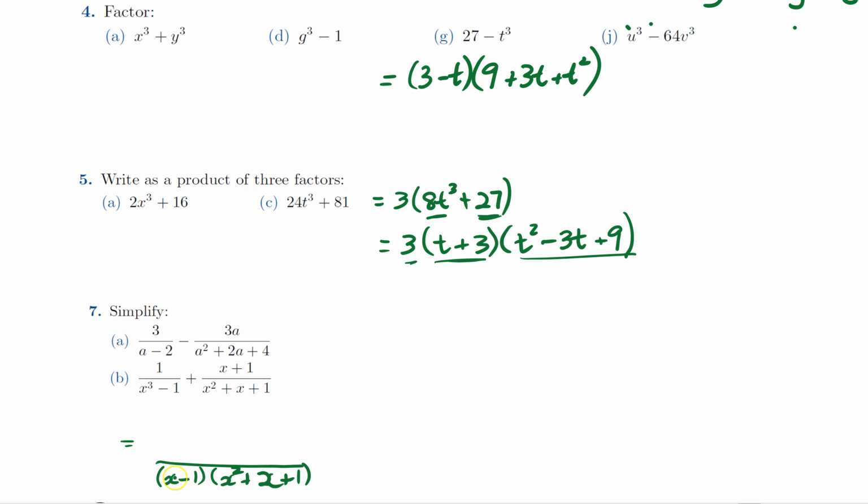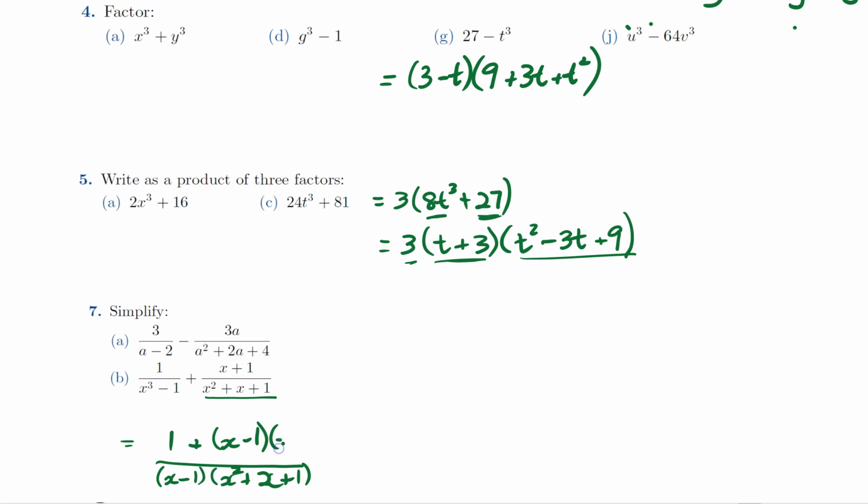So this is x cubed minus 1. How many times will x cubed minus 1 go into that? It will of course go once. 1 times 1 is 1. How many times will this bit go into this? Well, it will go x minus 1 times. So x minus 1 will get multiplied by x plus 1.